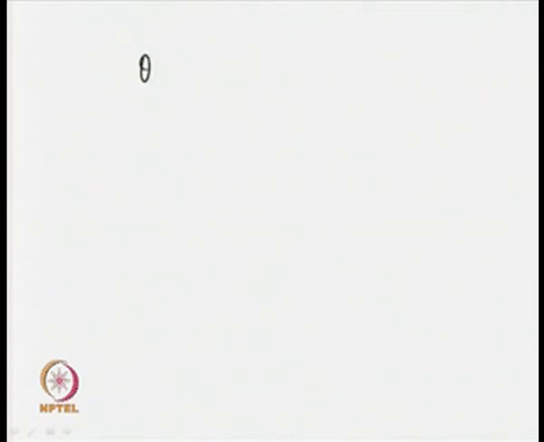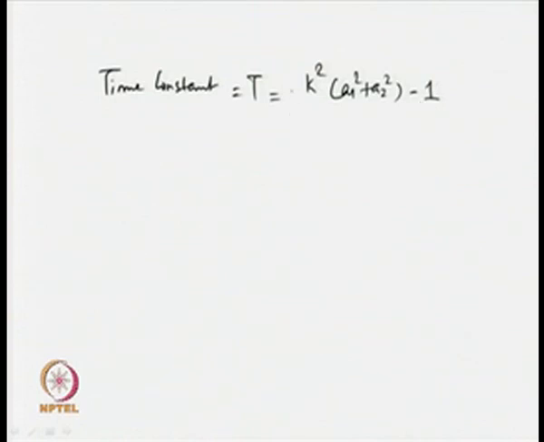So, the time constant of the transfer function model, T, can be obtained using K times the square root of (A1 square plus A2 square minus 1) divided by omega, where omega is the frequency of the output signal.